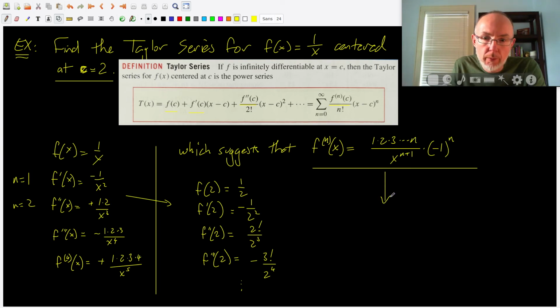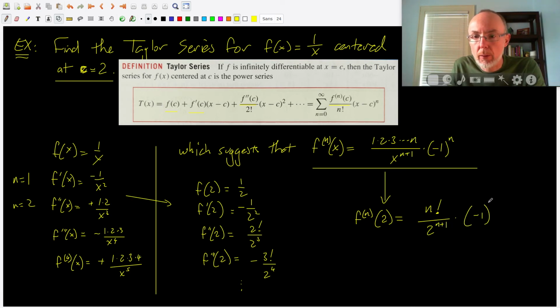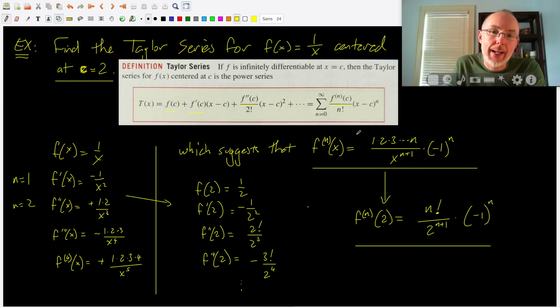So we can use this general form that we've come up with already to say that the nth derivative, evaluated at 2, is going to be n factorial divided by 2 to the power of n plus 1, multiplied by that alternating sign, minus 1 to the power of n. So these together are all going to allow us to build the Taylor series.